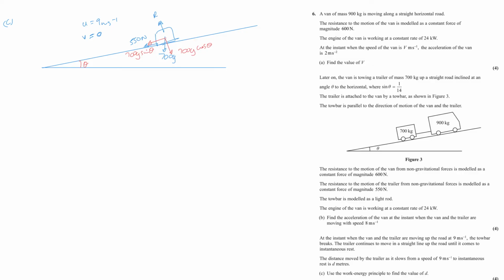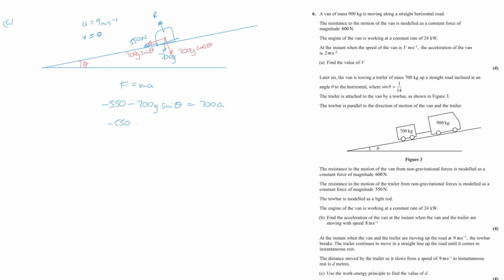So F obviously doesn't exist, so F equals MA. So this is minus 550 minus 700G sine theta equals 700A. 700G sine theta is 1/14th. So 700 times 9.8 divided by 14 is 490.